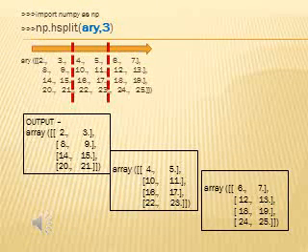Now again the same example, but now we have to split the array horizontally into 3 equal parts. Equal parts means, if the first part has 2 columns, the second should also have 2 columns, and the third one should also have 2 columns, which means every part should have an equal number of columns.